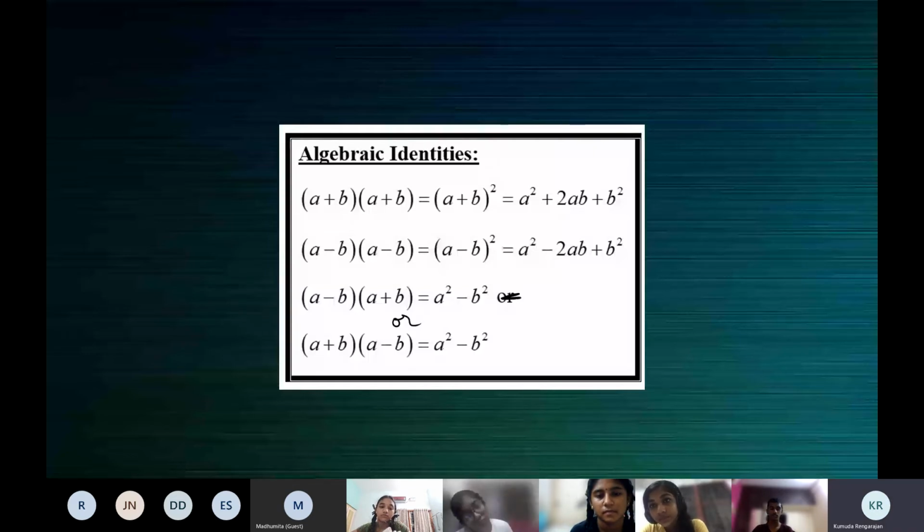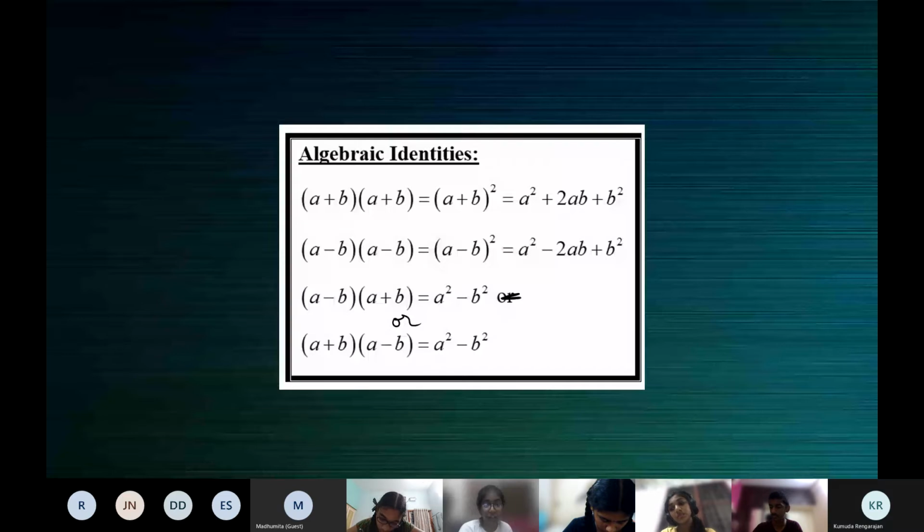You may write it down. I'll give you some time. A plus B into A plus B is A plus B the whole square, and A plus B the whole square is A square plus 2AB plus B square. I don't want to read it out and disturb you. You all know this.